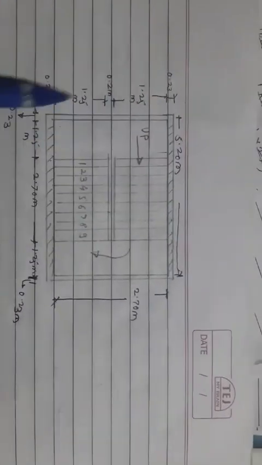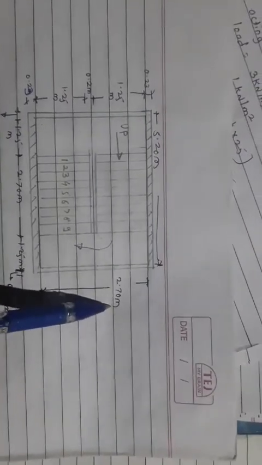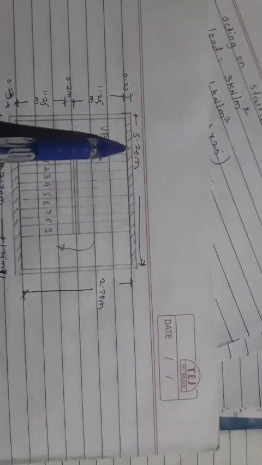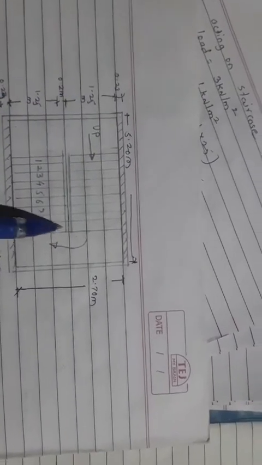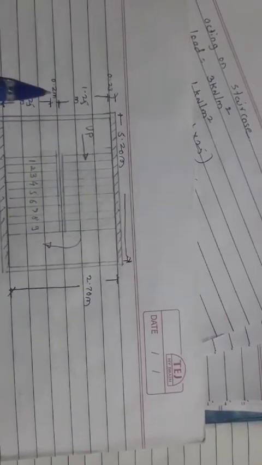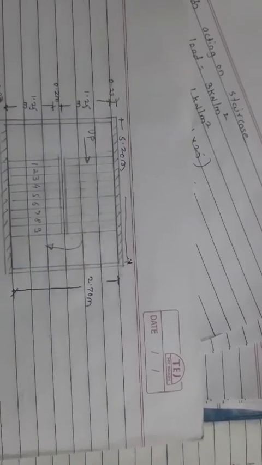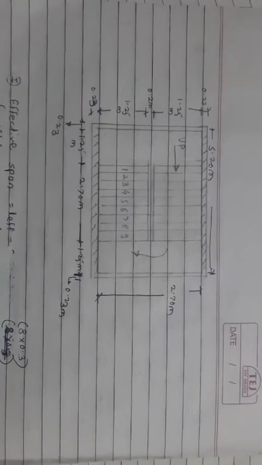So this is your stair room, measuring 2.70 meter by 5.20 meter. This width of the stair will be 1.25, and this width will be 1.25, and this is your clearance, that is 0.2, and this is the brick wall having size equal to 0.23. So this is the geometric design of the staircase.